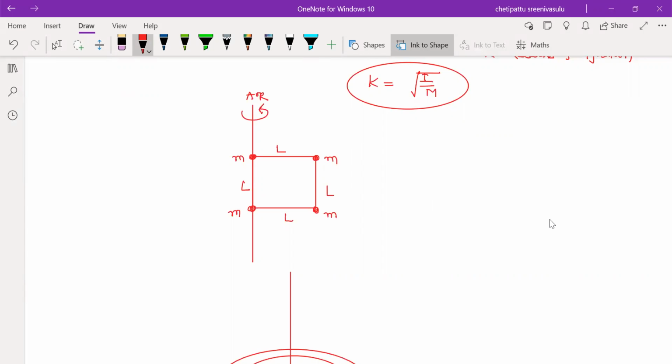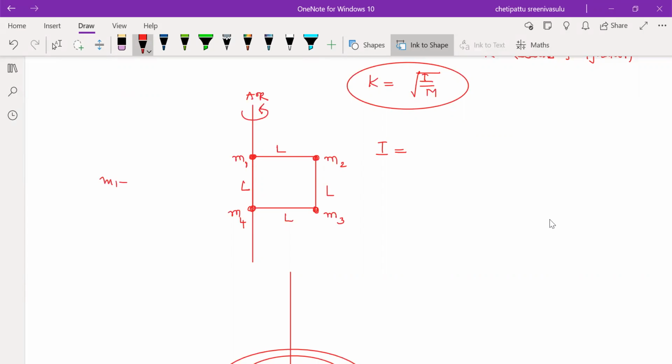In this case, what is the moment of inertia and radius of gyration? For moment of inertia, take the first object as m1, then m2, m3, and m4.